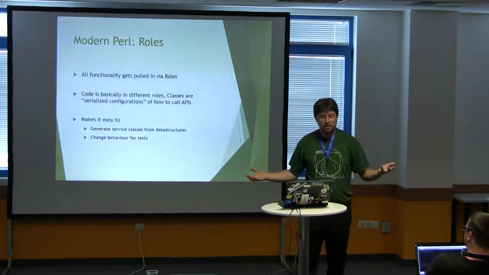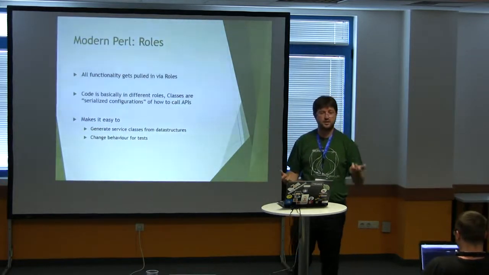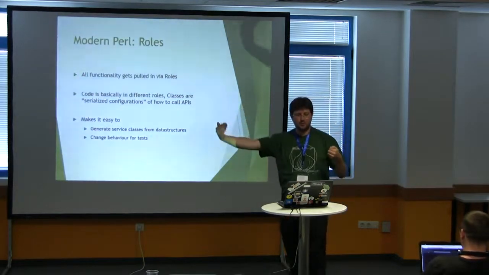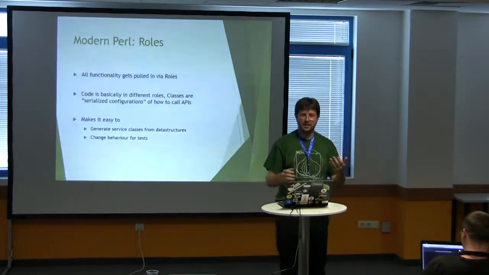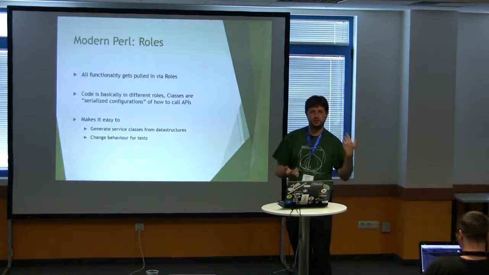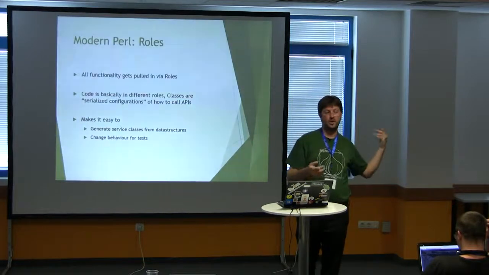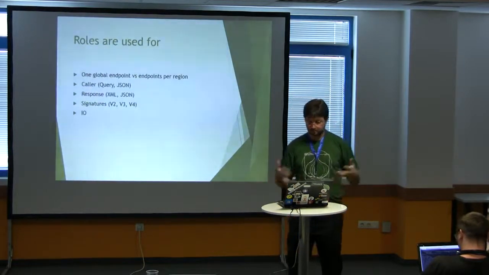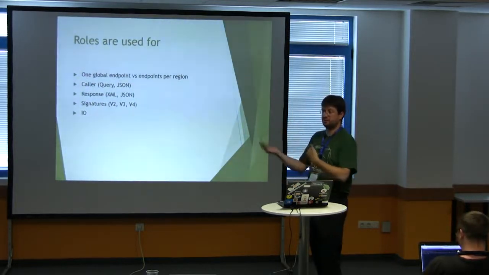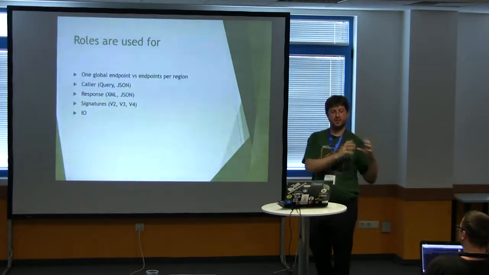It makes it easy to generate these service classes because they really don't have any code, and you just attach roles to them. And also testing becomes easier too, because you can generate fake services and test that behavior without really calling the actual service.